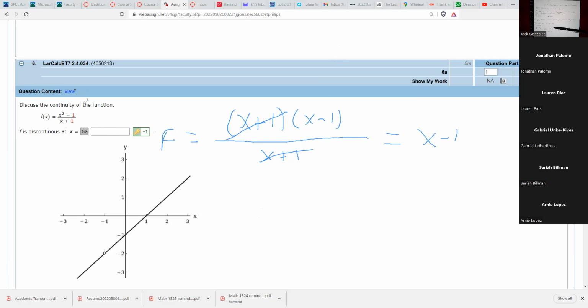So when this happens, it's cancellation. This is called a removable discontinuity. So if you can factor and cancel out the problem, because you can see right at the beginning, right? I cannot plug in -1. Do you see what happens if I put in a -1 into F?